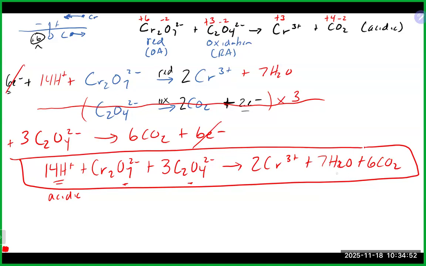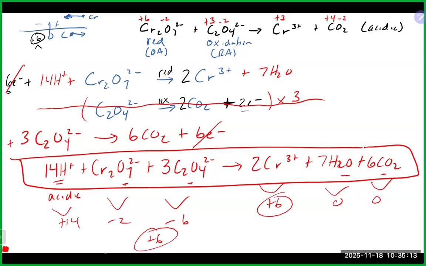And on this side, we got 7 oxygens and 12, which is 19. 6 carbons on each side. Overall charge on the left there, we got a plus 14 from that guy, a minus 2, and a minus 6. So that's a lot of math there, but that is a plus 6. That is a 0. That is a 0. So we are balanced on each side.